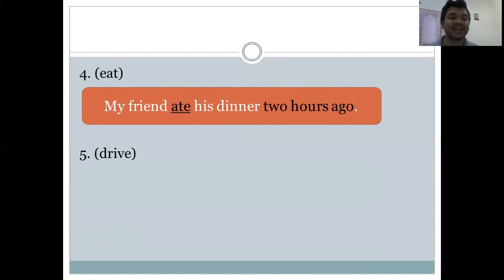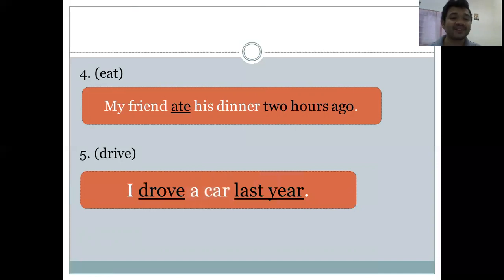Amazing. Last but not the least, drive. Change drive into simple past form. 5 seconds, make your sentence, please. Perfect. I drove a car last year. Okay, drive, drove, and then the time expression. I drove a car last year.